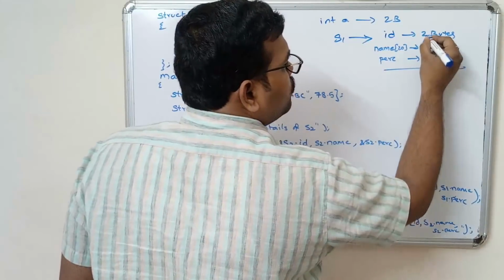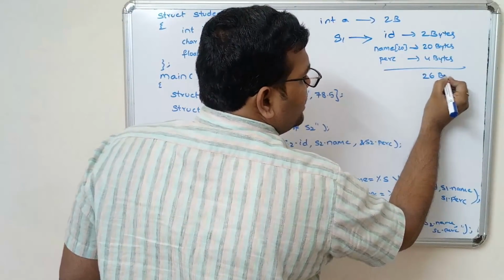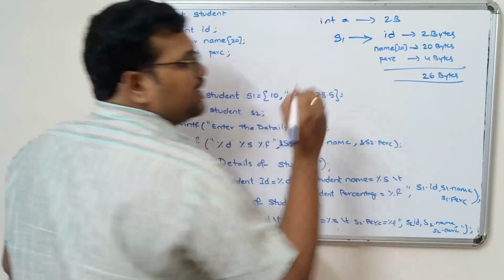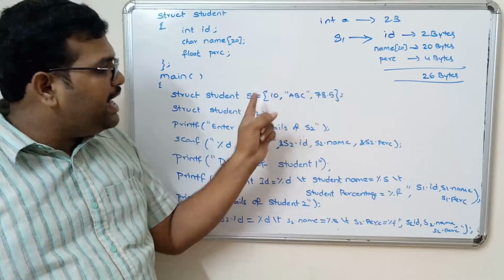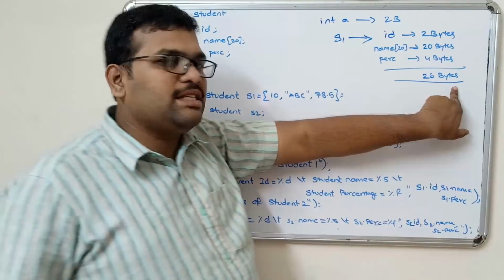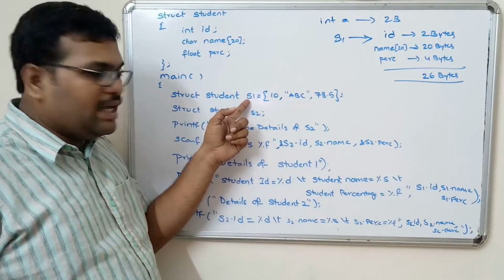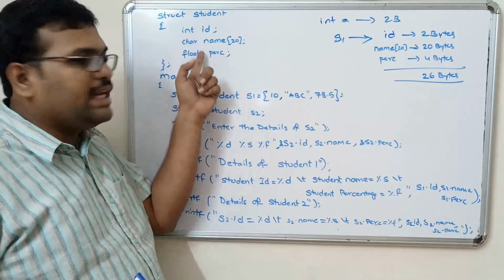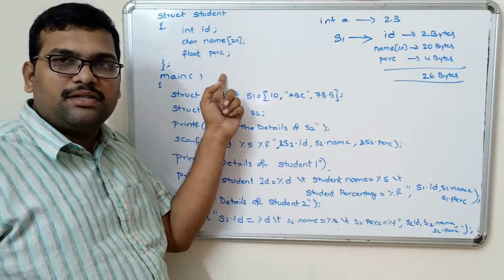So total 2 plus 20 plus 4, that means 26 bytes. So the structure variables s1 and s2 will each occupy 26 bytes of memory, because s1 has all 3 members, and s2 also has all these 3 members.